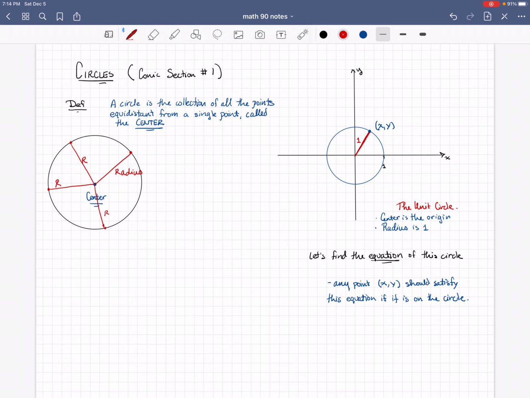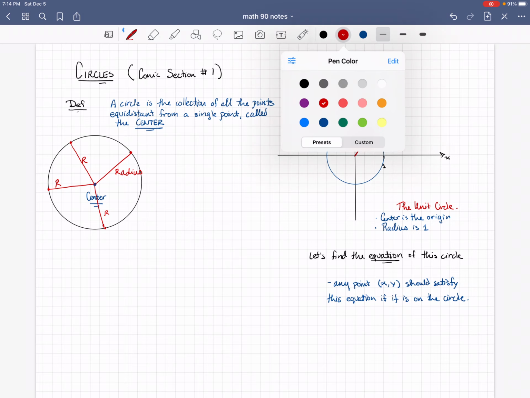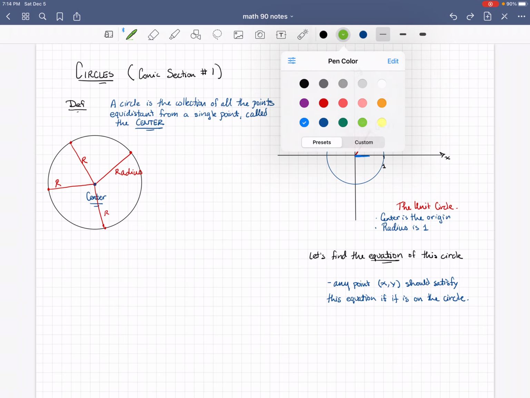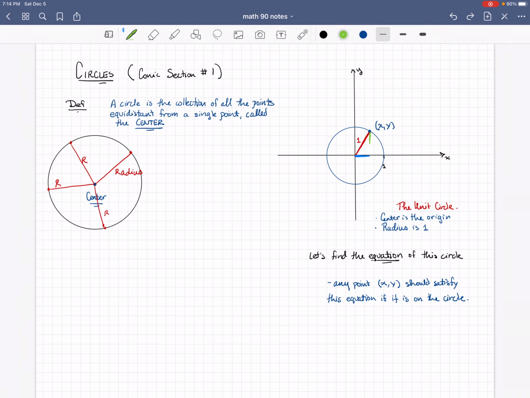Okay, but how do I get x and y in play? Well, I can draw this right triangle. In fact, let me use a different color, like so. And again, say it with me. Pause the video and say it.